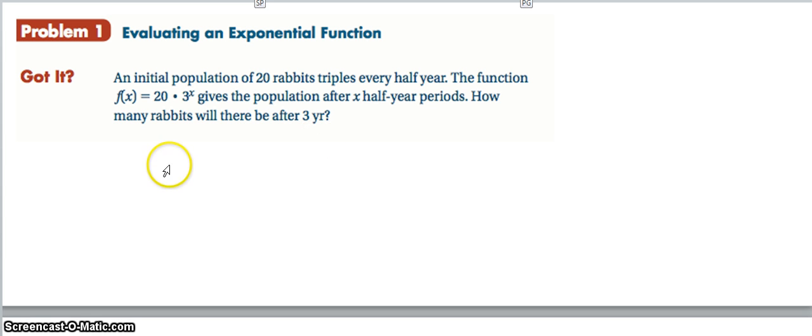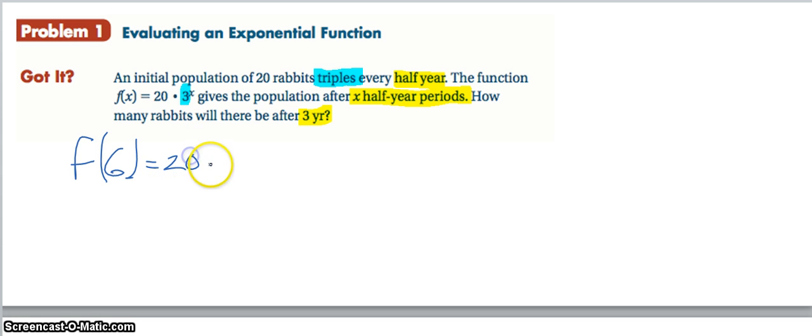So if we start to plug in values, we determine our variable that we use, and if it's 3 years and x is a half year, then we're going to have 6 half years happen.